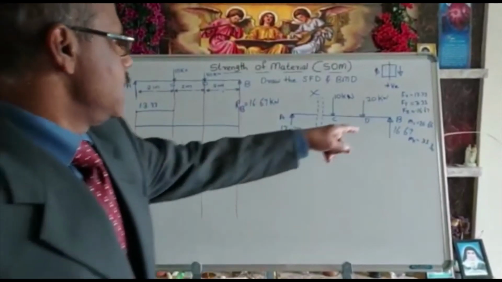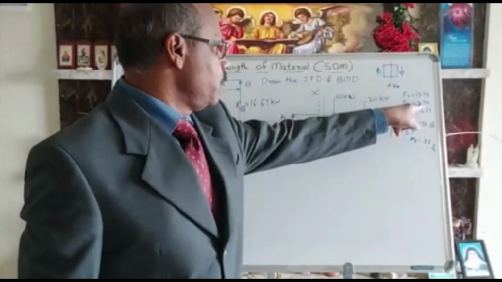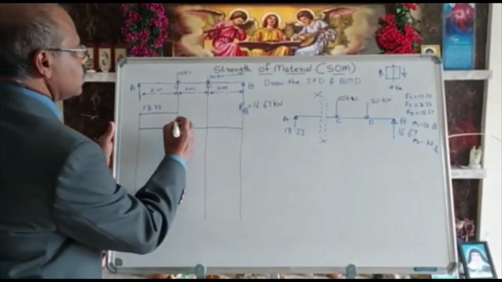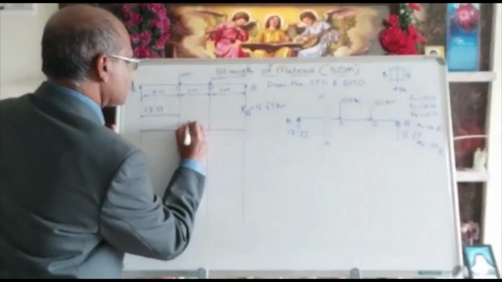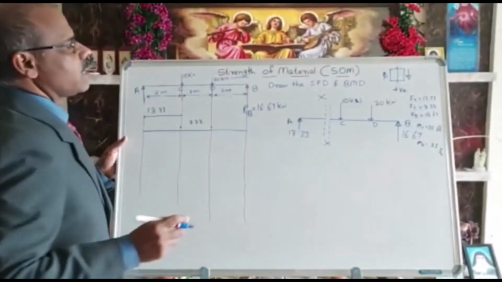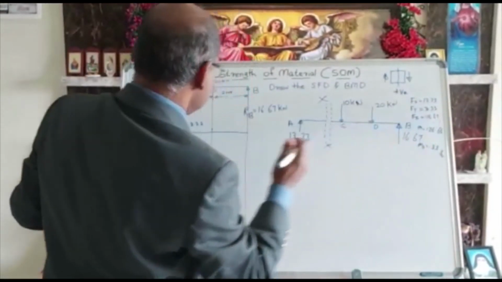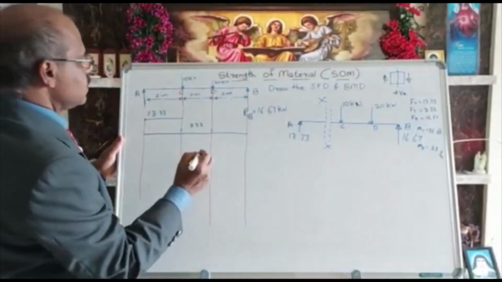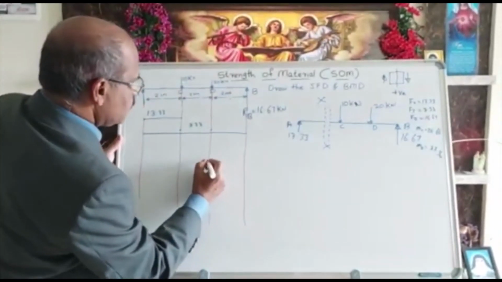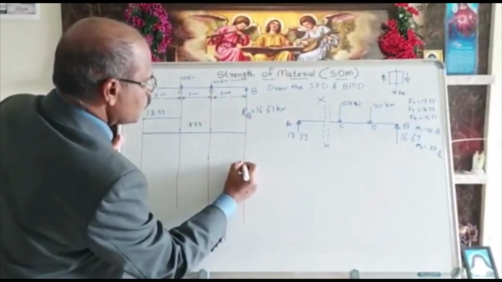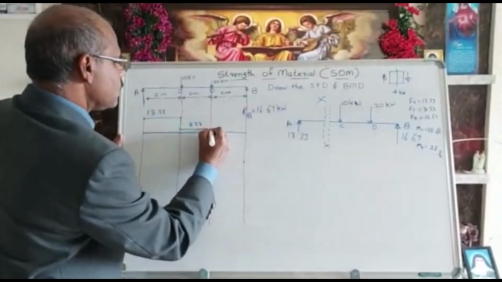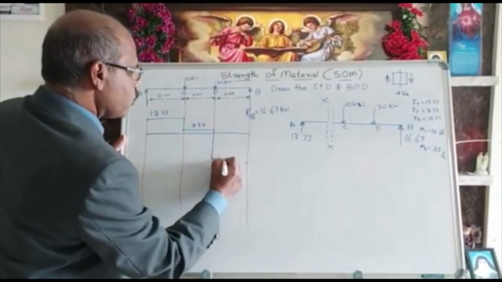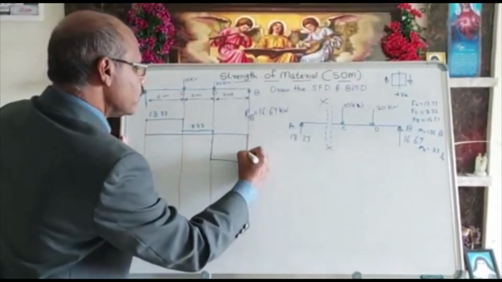Next we have 3.33 at C. So this will be 3.33. Thereafter we have minus 16.67. Join all these in accordance, then we will get the diagram.